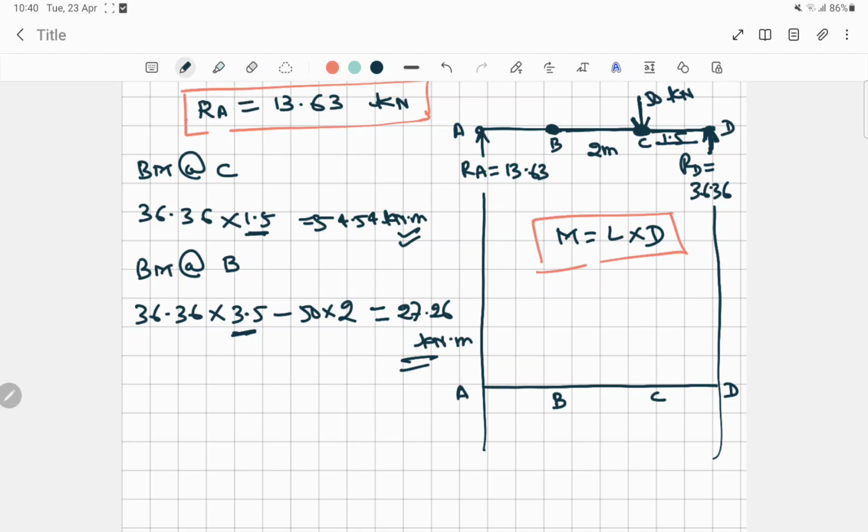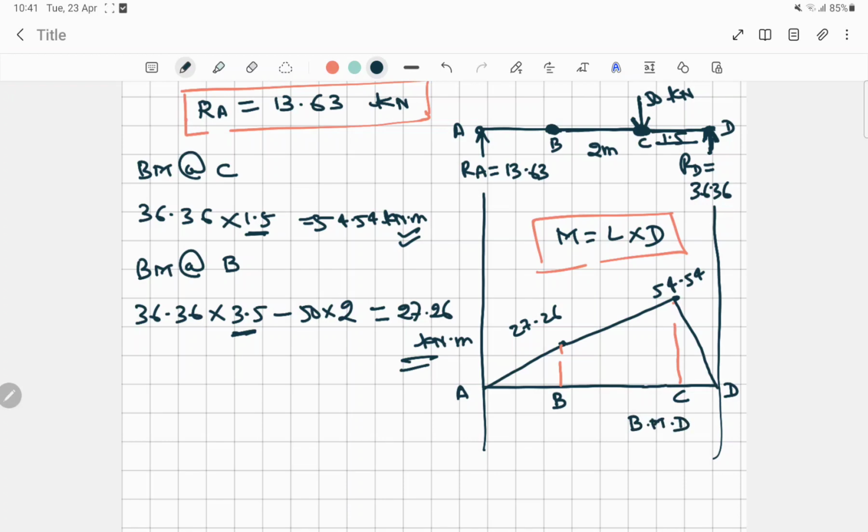At C point it is 54.54 and B is 27.26 somewhere. Let's consider somewhere here, and again 54 will be maximum and it will go to 0. So now this is our bending moment diagram.